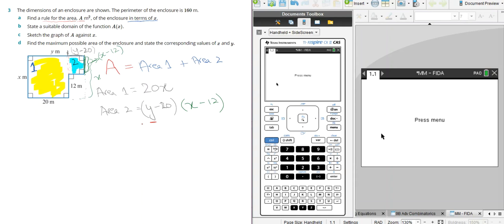For that, we are given some information about the perimeter of the shape. Perimeter, remember, is the outer boundary of any shape. So the perimeter for this shape is equal to, I'm going to start from the top, that's y.